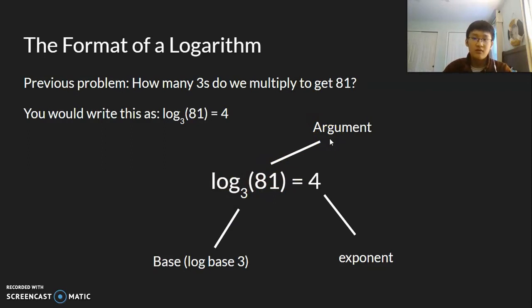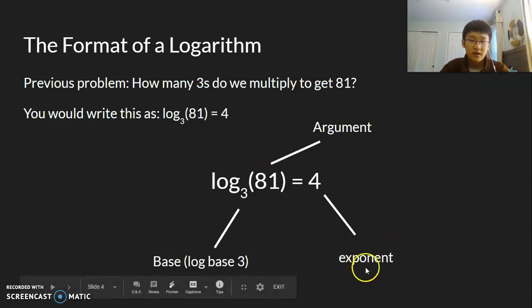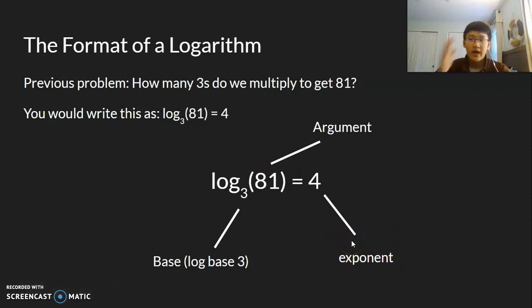That is what you're trying to achieve at the end of multiplying the 3's together. And finally, the 4 we have over here is the exponent. I'll be explaining why a logarithm is relatively similar to an exponent. You could also think of this equation as 3 to the power of 4 equals 81. And that's basically what a logarithm is.